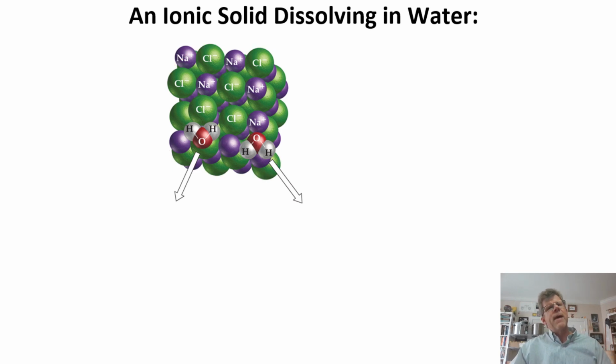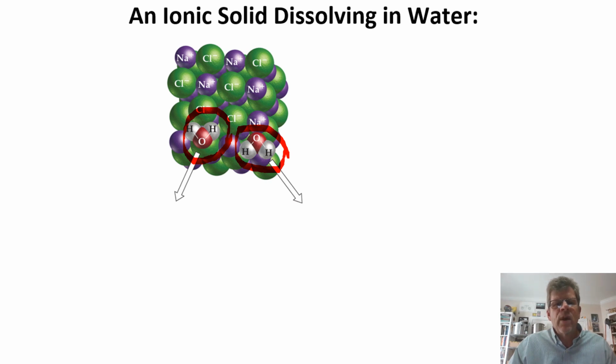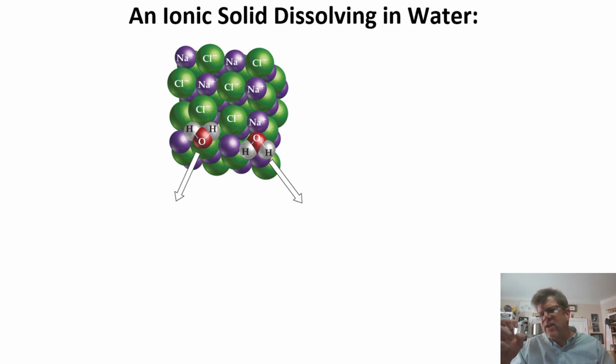Well, let's imagine a crystal of an ionic solid in water. It is continually buffeted by these water molecules, which we're looking at right here, buffeting up against that crystal. And every so often, that buffeting will just for a moment dislodge one of the ions, like a positively charged sodium ion or a negatively charged chloride ion.